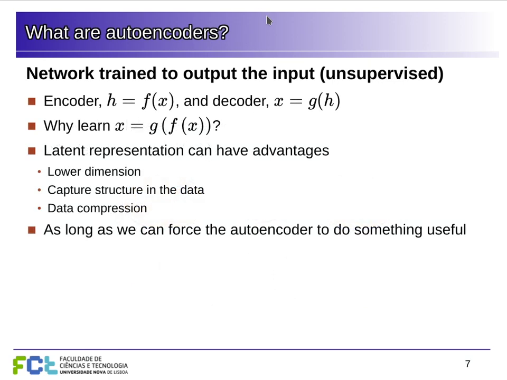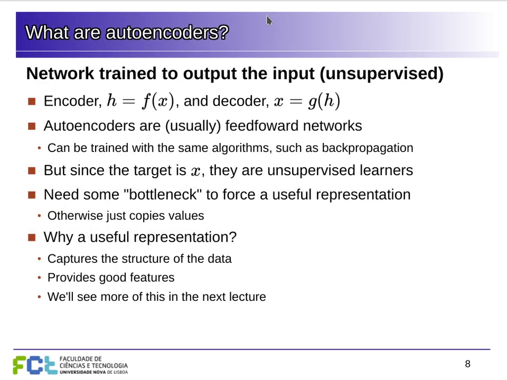So you need to force the autoencoder to do something useful, and then from that we may extract good features even without supervised learning. We capture some structure of the data, and we're going to see more about this idea of capturing features and reusing them and creating a good representation of the data.